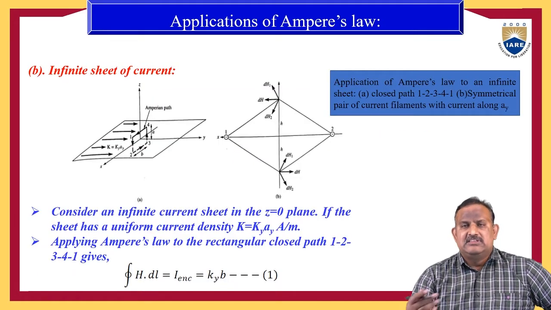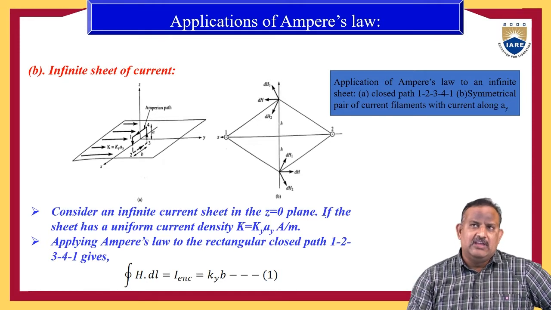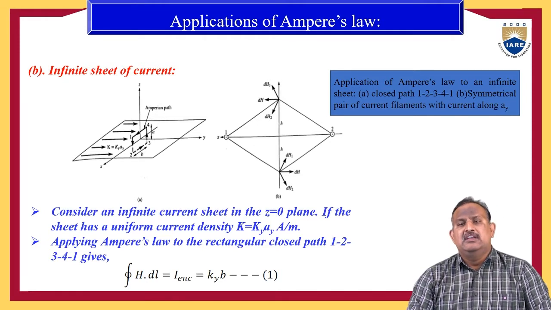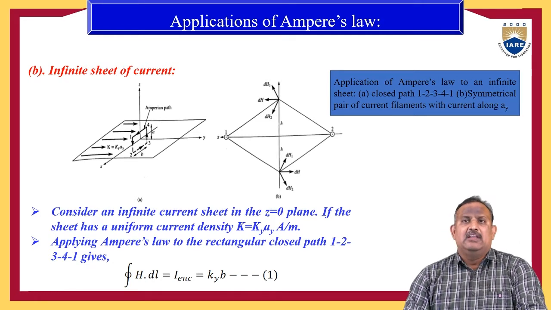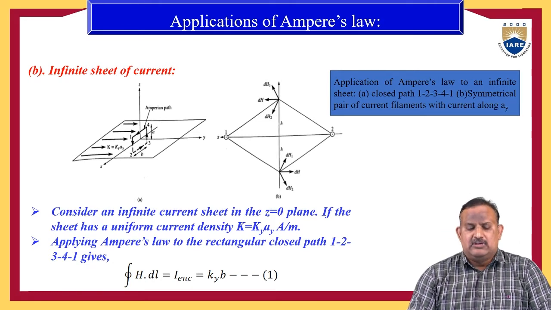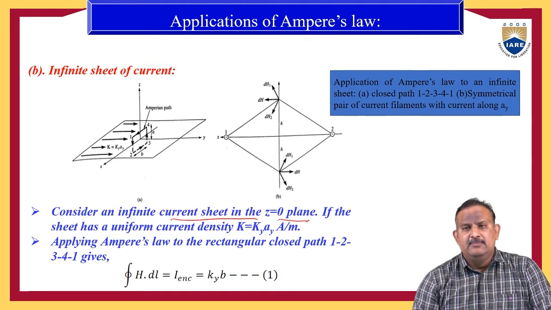Now we'll see the second application, which is the infinite sheet of current. To apply Ampere's circuit law to an infinite sheet current, let us assume an infinite sheet located in the rectangular coordinate system. Consider an infinite current sheet in the z equal to 0 plane.